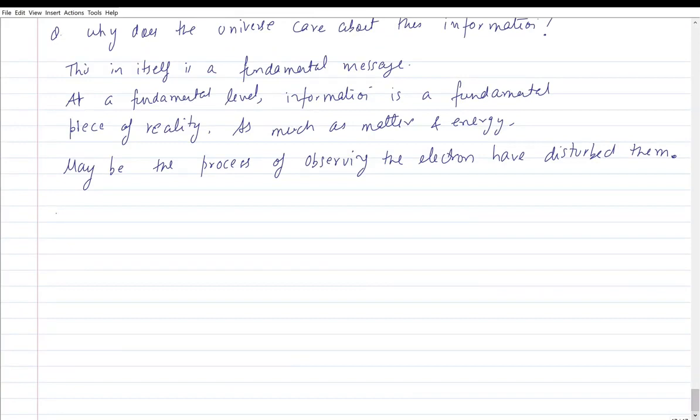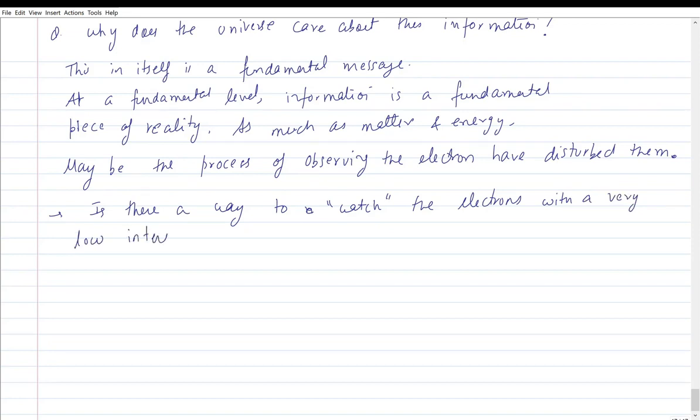So, is there a way to watch the electrons with a very low intensity light?